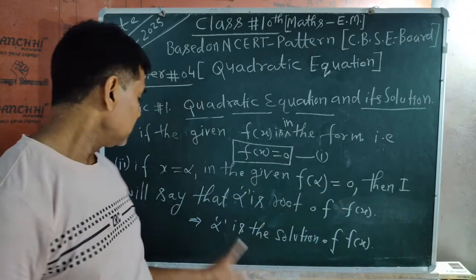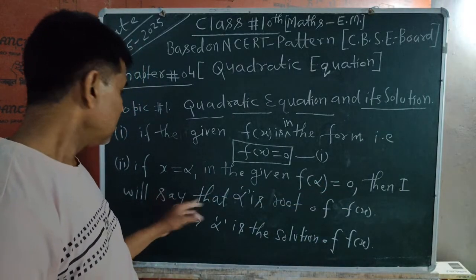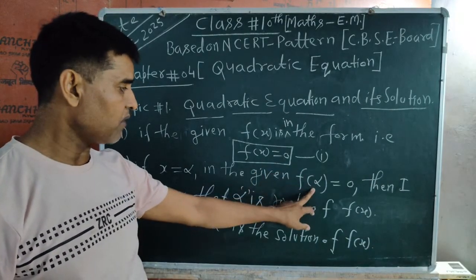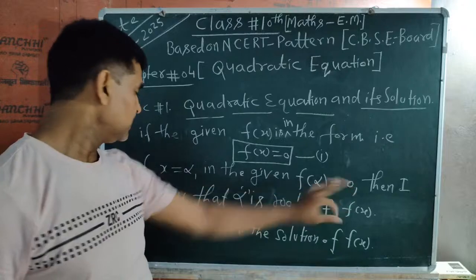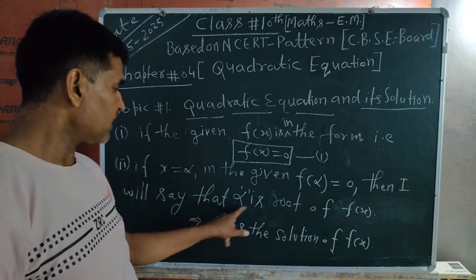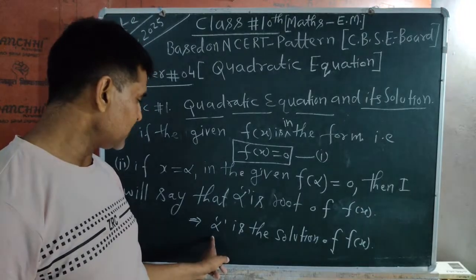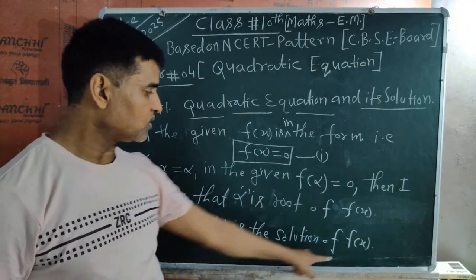It means that, in other words, if we are calculating the value of f of alpha which is equal to 0, then alpha is the root of f of x. Or in other words, we can say that alpha is the solution of f of x.